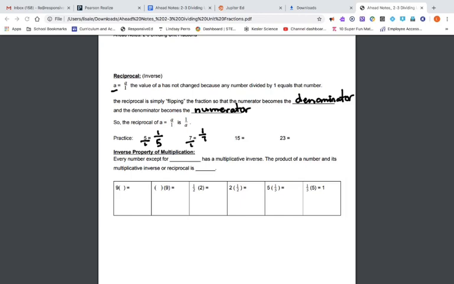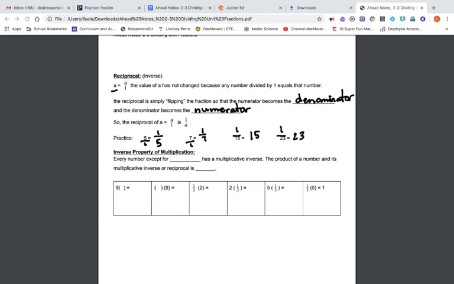If I have 1/15, then my reciprocal is just going to be 15. And if I took 1 over 23 and did the reciprocal, it would be 23. So the reciprocal or the inverse is simply flipping my fraction upside down. Numerator becomes a denominator, denominator becomes a numerator.